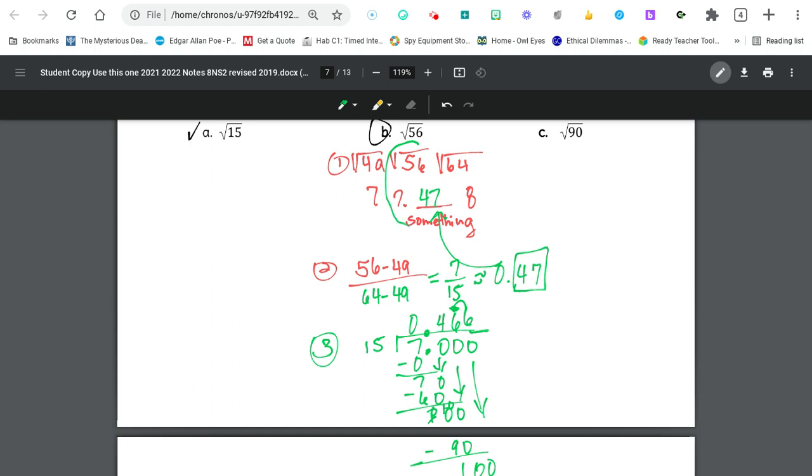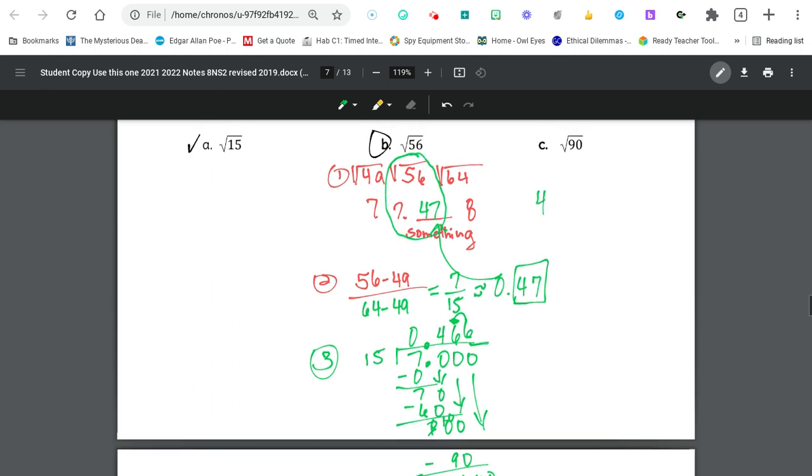So I know that the square root of 56 is pretty close to 7 and 47 hundredths, but I need to check it. Step 4 is when you check it. You check it by squaring it. So I'm going to take 7 and 47 hundredths and square it. 7.47 times 7.47 is 55.80.